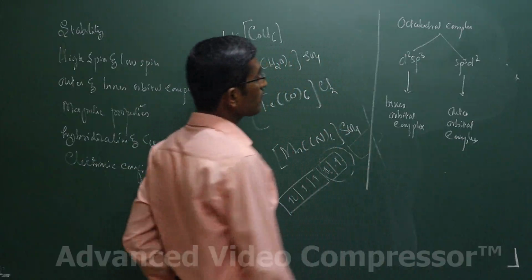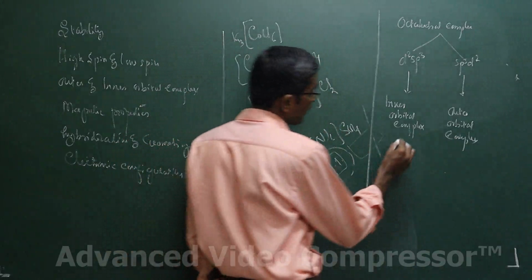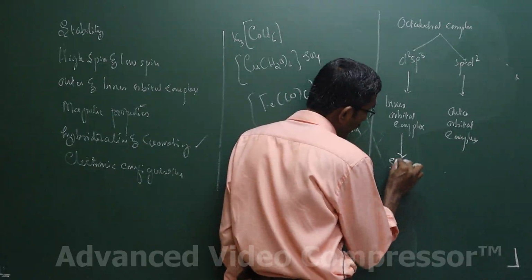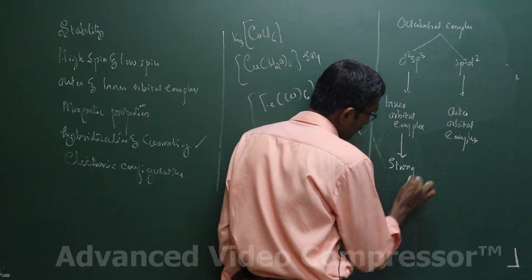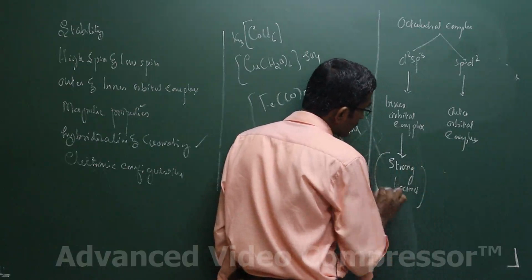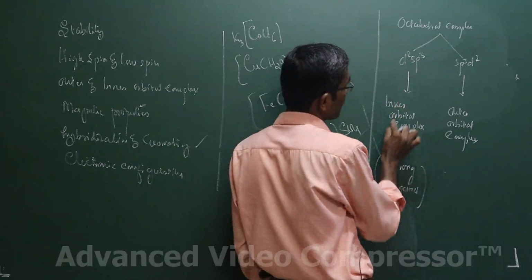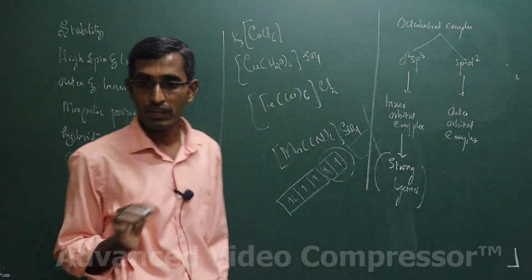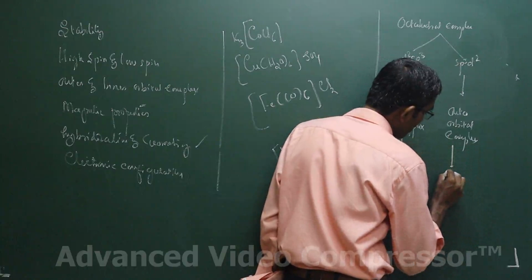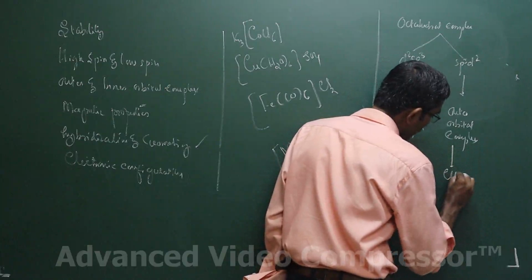Clear? The inner orbital complex will be formed by strong ligands. Remember, if it is a strong ligand, you can straight away conclude the hybridization is d2sp3 and the complex is inner orbital. Very easily you can predict it. The outer orbital complex happens when the ligand is weak.